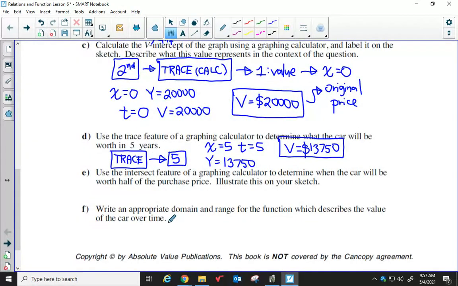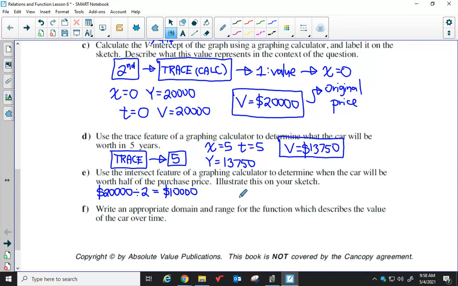E says use the intersect feature of a graphing calculator to determine when the car will be half of the purchase price. Illustrate this on your sketch. Sure. Okay, so half the purchase price would be 20,000 divided by 2, so half the purchase price is going to be 10,000.